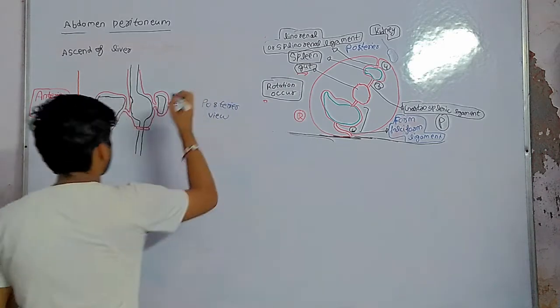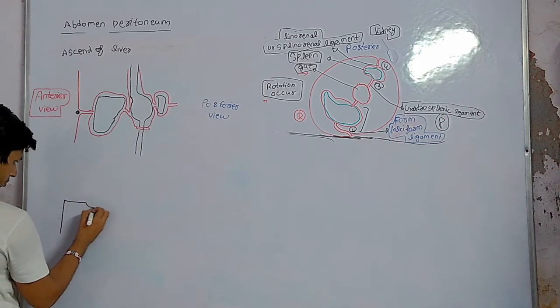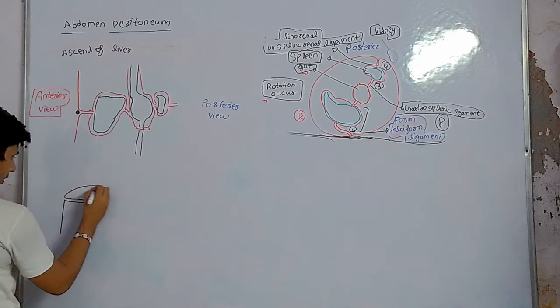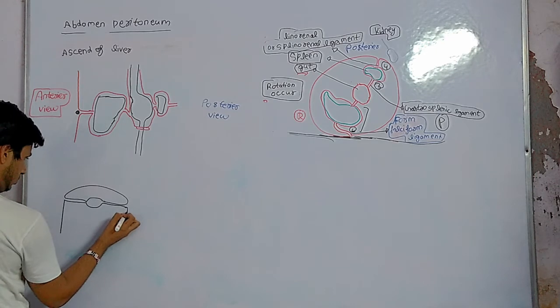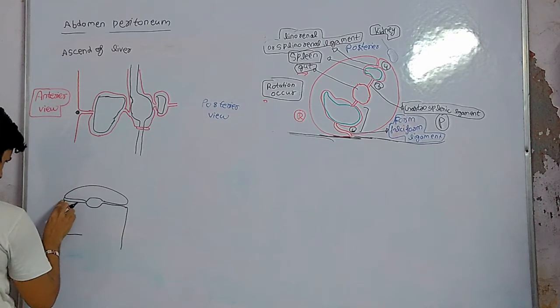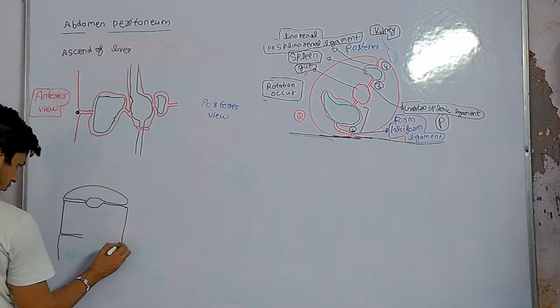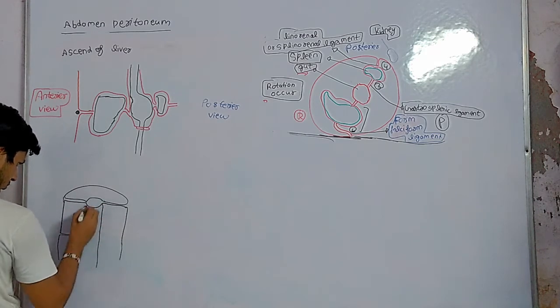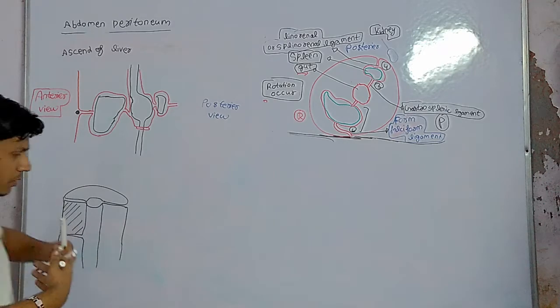It forms like this, a curtain-like structure. And anteriorly we have dorsal and ventral mesogastrium, curtain-like completely, which divides the liver like this.